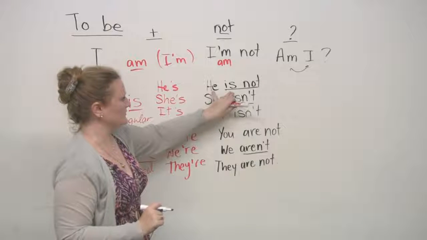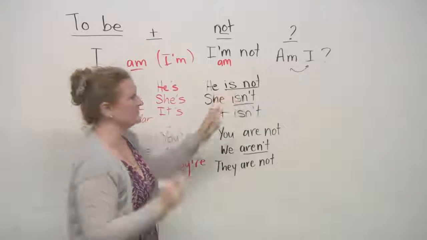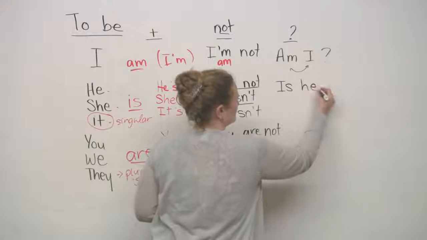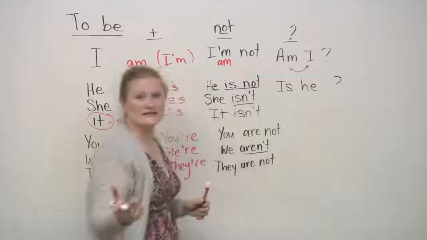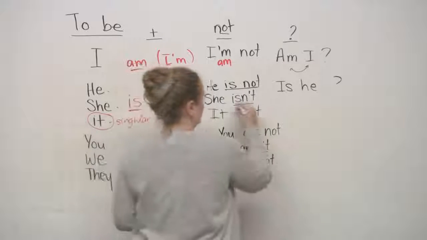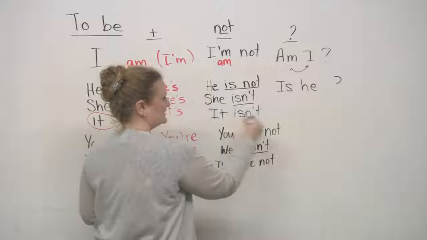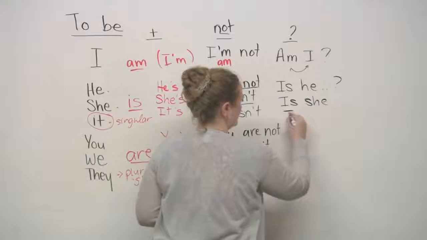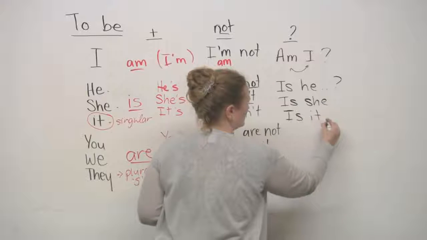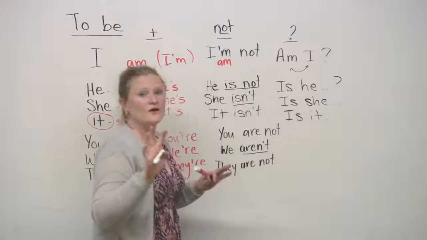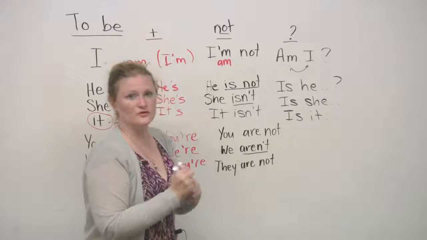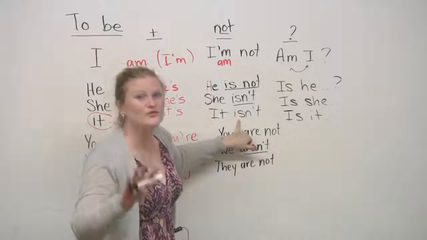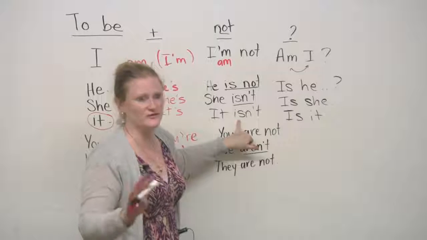If we switch the verb and the subject, he is changes to is he. We also say, is she, or is it. It's very unusual if we would start a question with, isn't it. We do say that sometimes, but it's not usual.